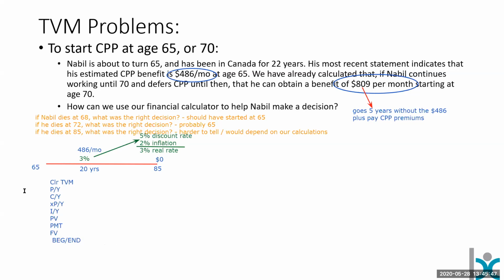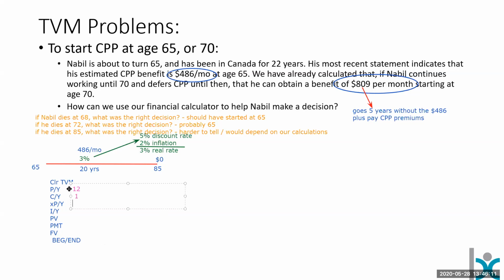All right, so the PY and CY, what's my PY going to be here? How many payments per year are happening? It's 12. What's my CY? Yeah, probably 1. Probably fair.